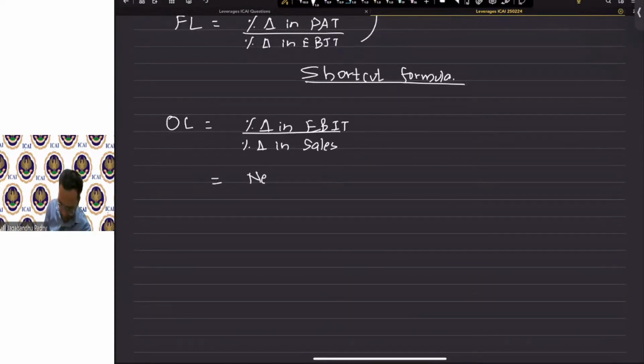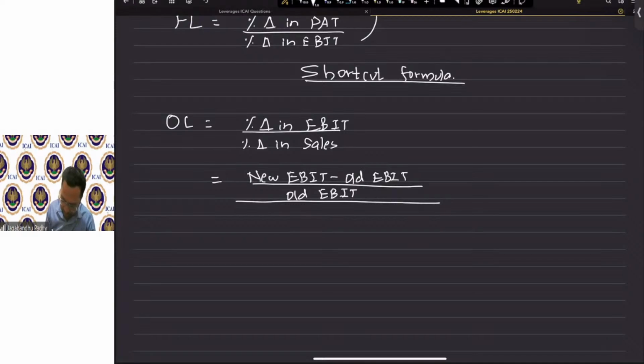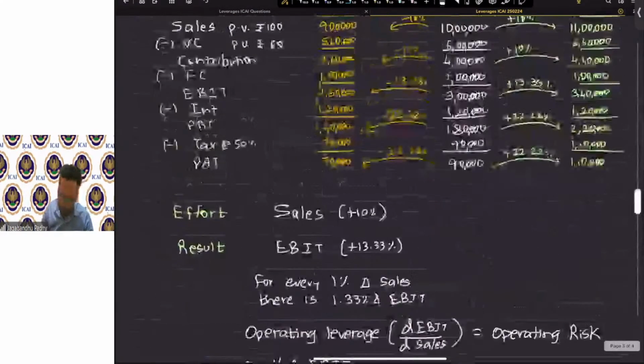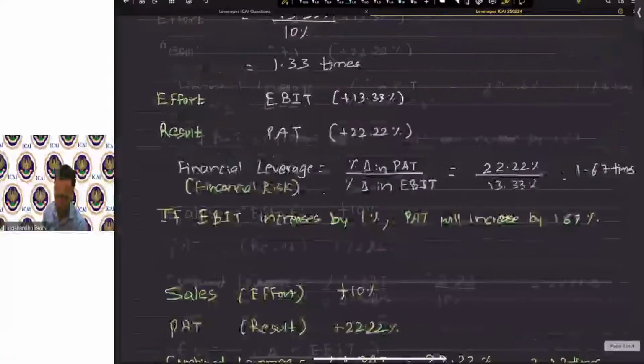Can I say we call it as new EBIT minus old EBIT, the whole divided by old EBIT, upon percentage change in sales. If you observe, the sales change is 10%, variable cost change is 10%, even contribution is also changing by 10%.